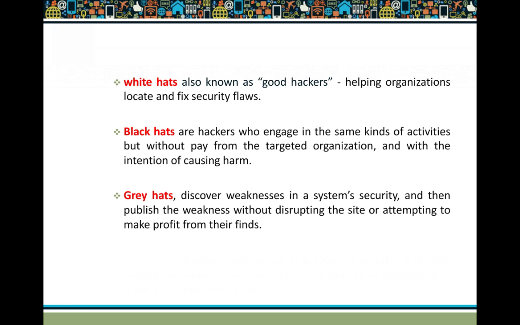White hats are ethical hackers employed by the organization to check the effectiveness of the security system currently used. If the white hat hacker is able to penetrate the system, it means your security system has flaws and needs to be improved.